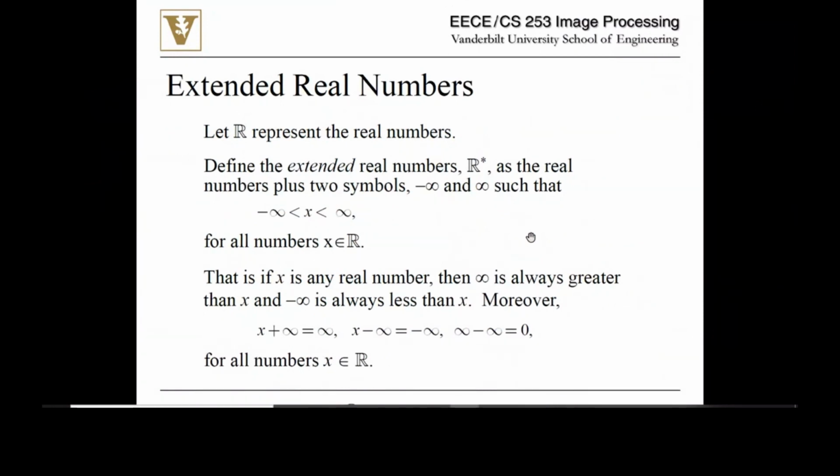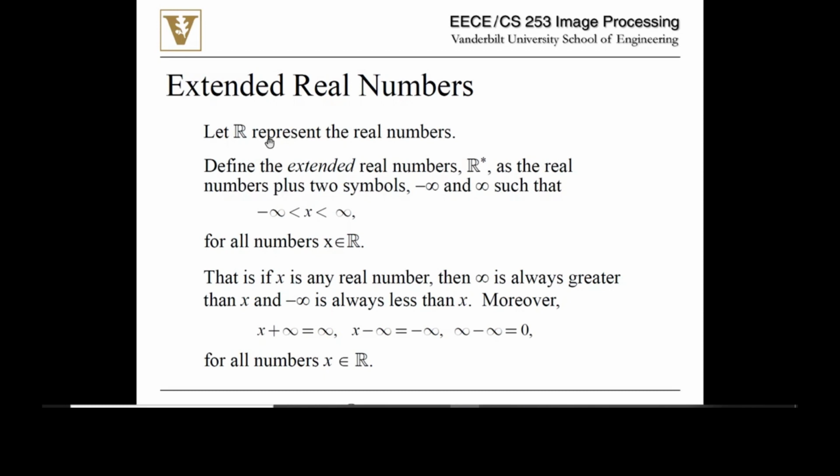Okay, so we will use, you remember that before we said we don't care what the values are, if they are 0 and 1, 0 to 255, they can be whatever. And here it is more or less the same. When you want to refer to the background, we will use minus infinity or infinity.